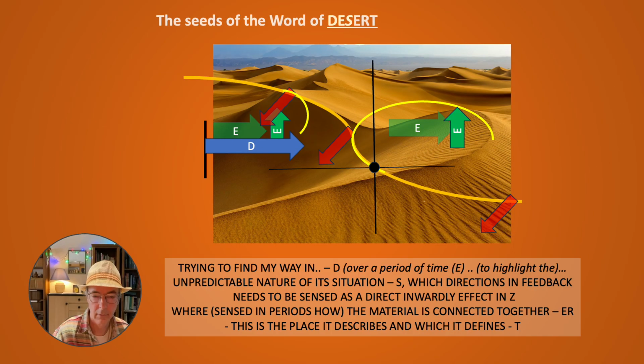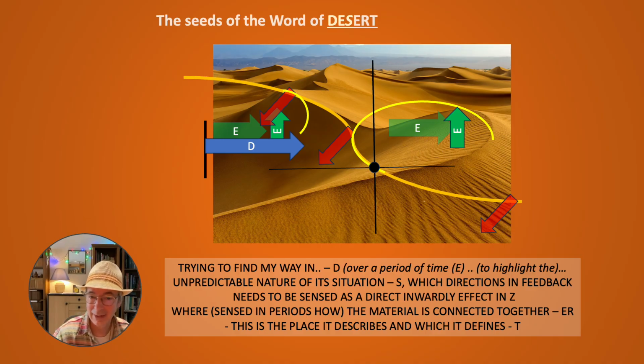Let's go. So we started and ended and concluded with a description of the word desert. What is the D? D is trying to look for a steady focus, which is not there, and it will try to find a way in this situation, and it will take its time for it over a certain period.